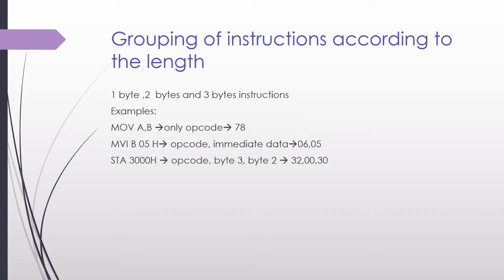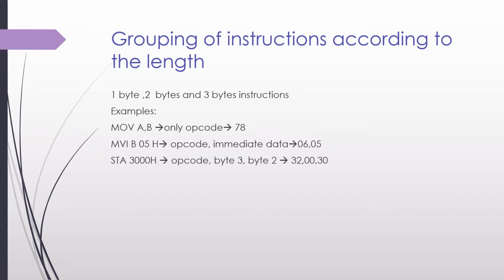There is one more type which is called 3 bytes instruction. So again here the 3 bytes total together gives the full meaning of that instruction. For example, STA 3000. So what is the meaning of STA 3000? Store the contents of accumulator at a memory location 3000. So when you want to store the contents of accumulator into the memory location 3000, in what way are you going to tell the microprocessor?